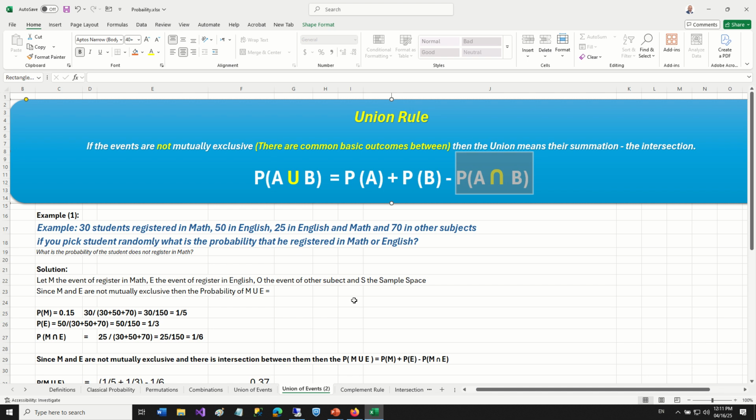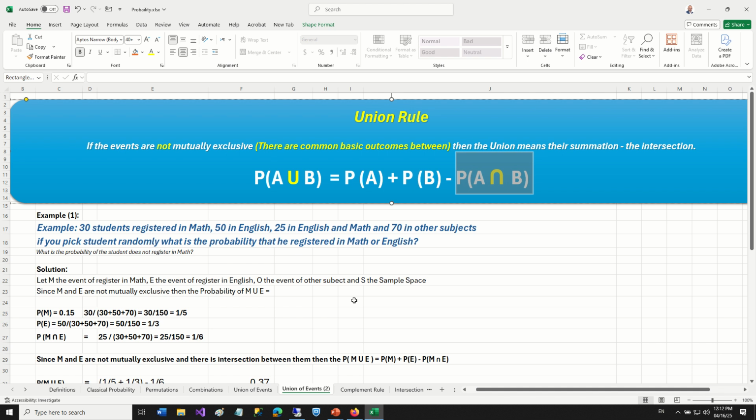If you pick a student randomly, what is the probability that this student registered in math or English? So the solution: let M be the event of registering in math, E the event of registering in English, O the event of other subjects, and S is the sample space.